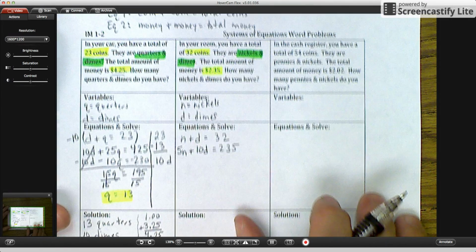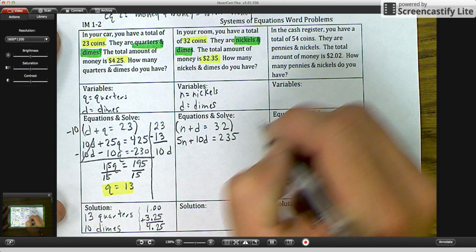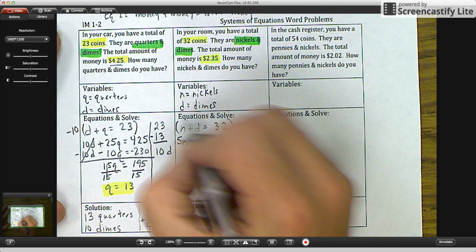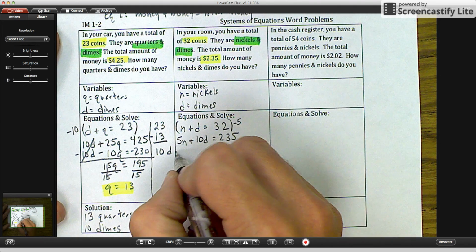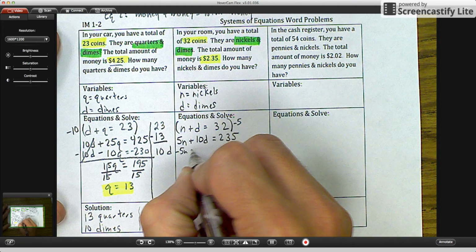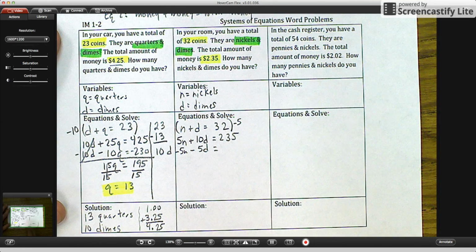Okay, so now we are going to eliminate. And I always said that we want to eliminate the smallest variable. I'm going to put it over here. I'm going to go -5 times that. So we'll get a -5N minus 5D is equal to 32 times 5. Let me check on my calculator real quick. 32 times 5 equals 160.